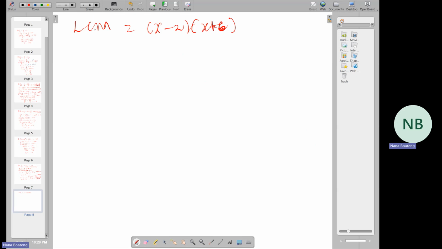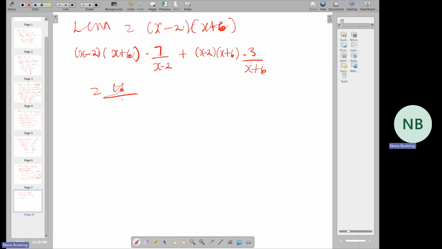So we have x minus 2 times x plus 6 times 7 divided by x minus 2, plus x minus 2 times x plus 6 times 3 divided by x plus 6, is equal to 16 divided by x minus 2 times x plus 6, times x minus 2 times x plus 6.